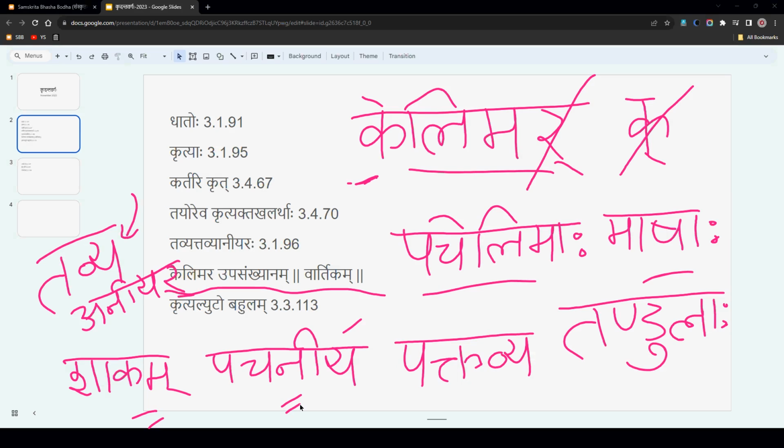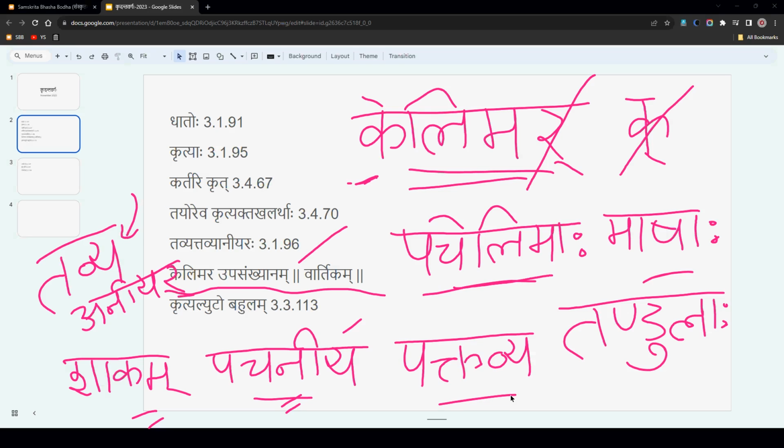In the same sense, pachelimaha, this kelimar pratyaya is also used, because this vartikam, kelimar upasankhyanam, says that it should also be considered as part of the tavyat, Aneeyar and krutya pratyayas. That means it is used in the same sense: should be, to be, supposed to be.